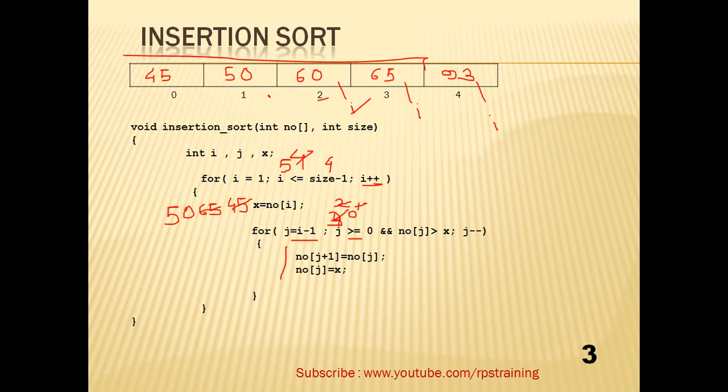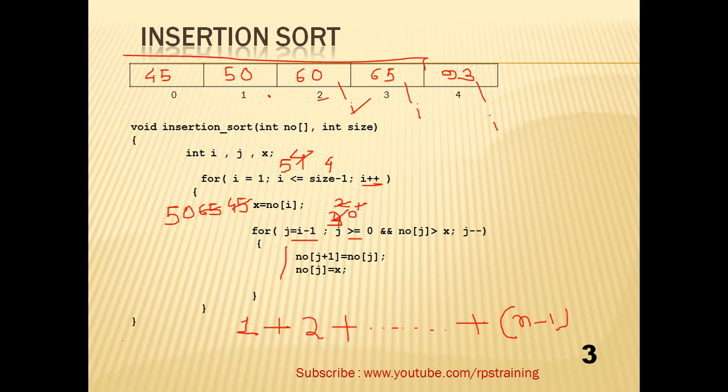Here the total comparisons will be: first time only one comparison, second time two comparisons, continuing to increase by 1, and at last n minus 1 comparisons.